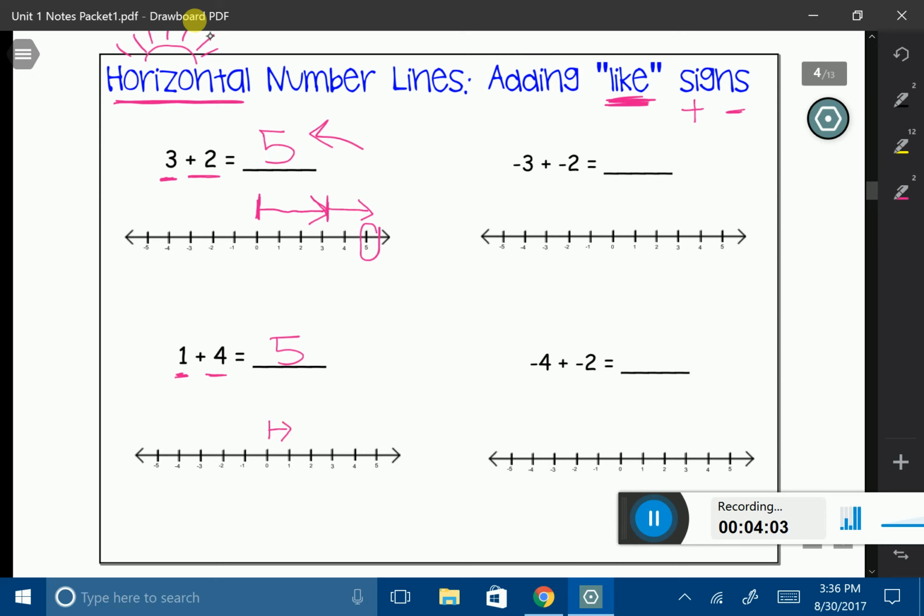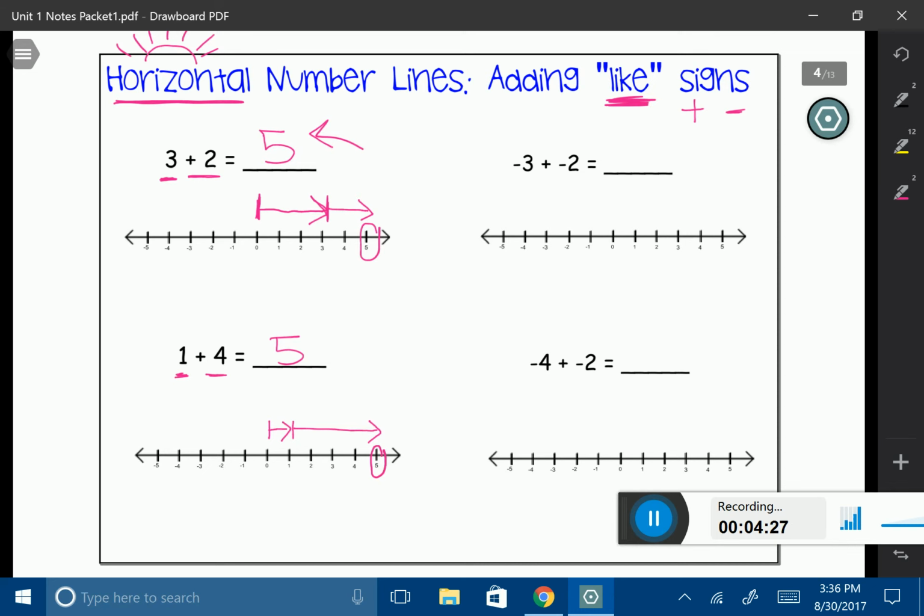And then I'm going to draw another little line, and I'm going to go up 4 units. You'll notice that the end of my arrow is at 5. And like we said, 1 plus 4 equals 5. So whenever you see these arrows represented on a number line like this, this means that you're adding integers.